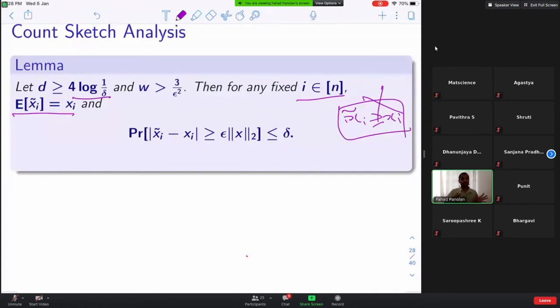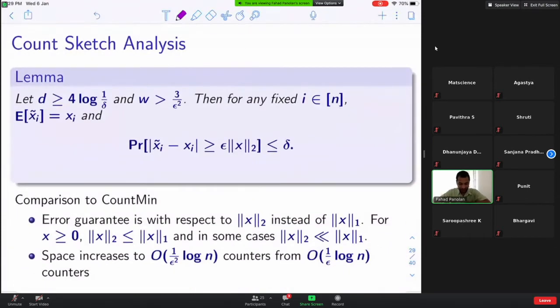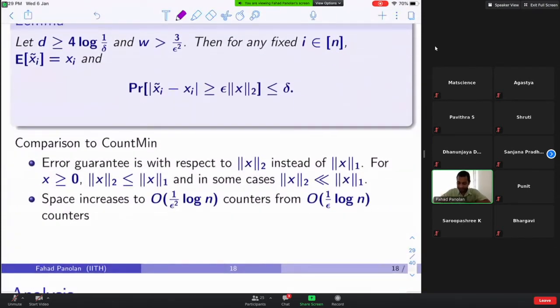But here the expected value of xi tilde is equal to xi, and the probability term is very similar. Instead of the L1 norm, you have the L2 norm here. That is the only difference. So we are going to prove these things, and as you pointed out, we will use Chebyshev and Chernoff bound. The median trick is done there.